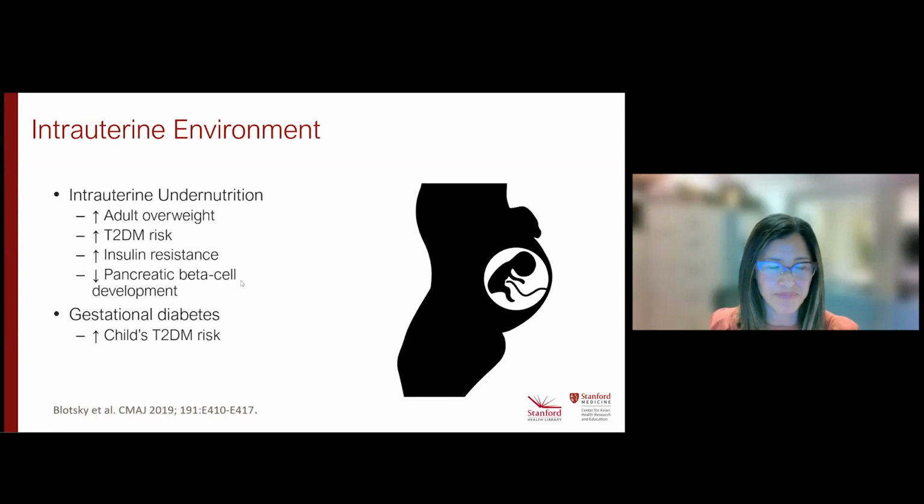The other part of this intrauterine environment is maternal diabetes. So if your mother had diabetes during pregnancy, it could also lead to increase in type 2 diabetes risk. So there are intrauterine environment effects that may increase risk for diabetes.